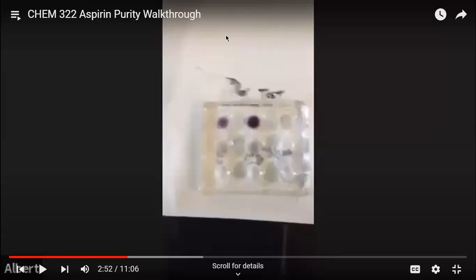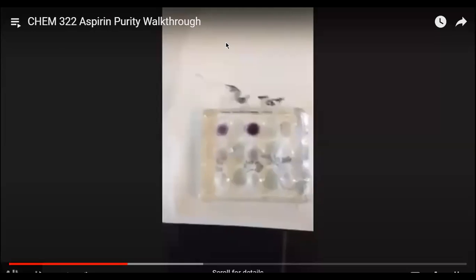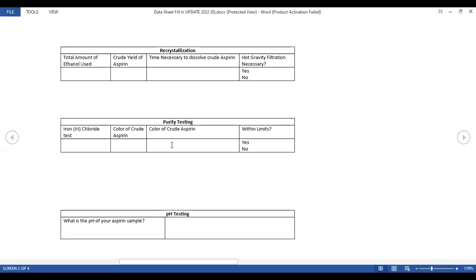What about if I did sample 3? So I just put dark purple still? Not quite, because it's not as dark as the crude. You can just say moderately darker than the first 2 samples or something to that effect. Because it's not the same. If you just say dark purple, then that means it's identical to the crude.